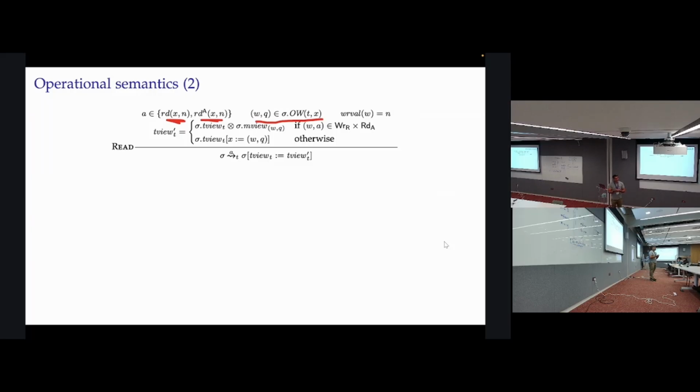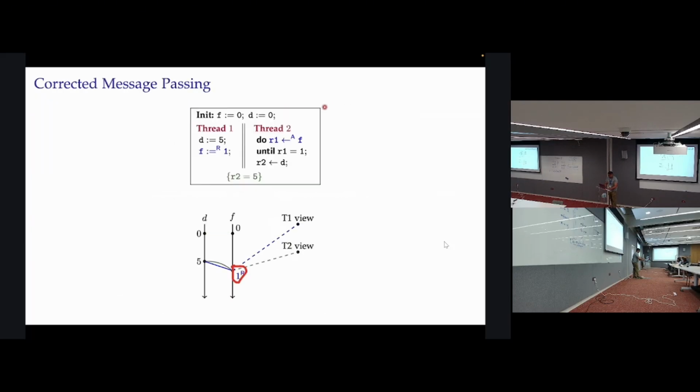That's what this is saying. I haven't given the full definition, but in essence, at this point, the observable rights for thread 2 of D would be both of these. For thread 2, for F would be both of these as well. That's what the observable rights are.